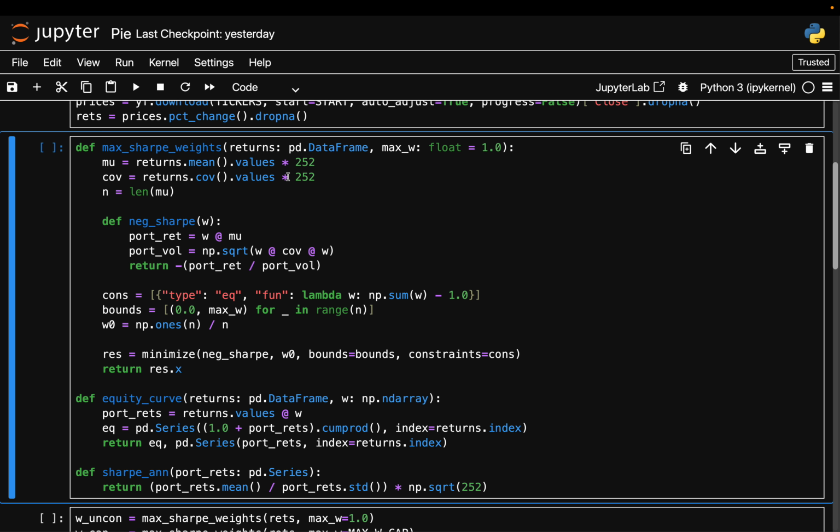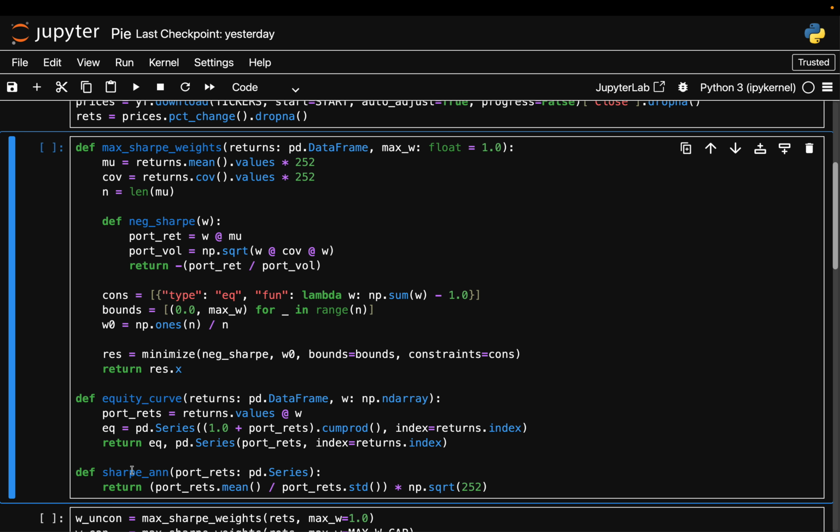Then we solve a standard max-Sharpe problem with long-only, fully invested weights. I also allow for a max weight cap, which is a very common real-world restriction. Everything else is just helper code to compute equity curves and Sharpe ratios. So nothing exotic here. This is a textbook setup.